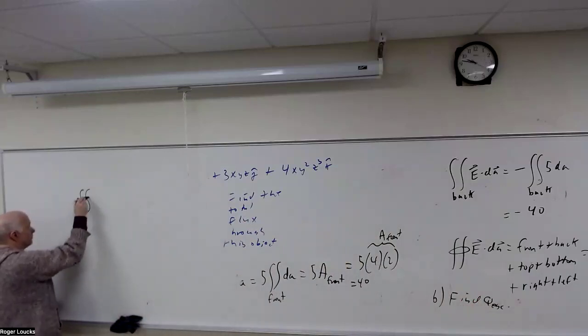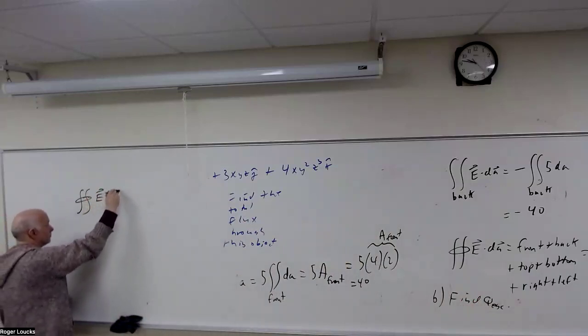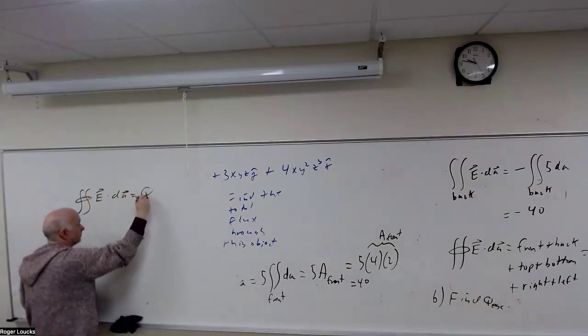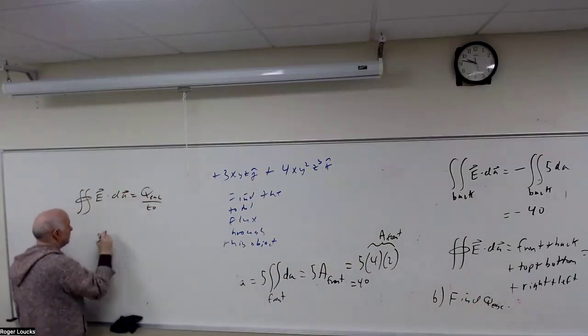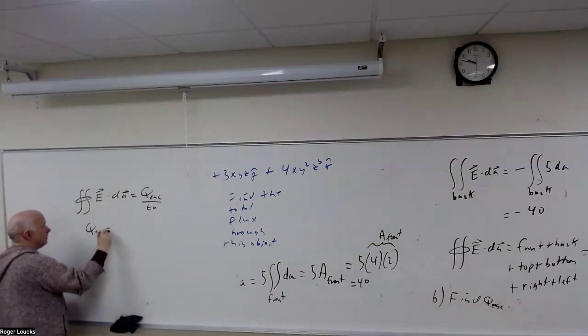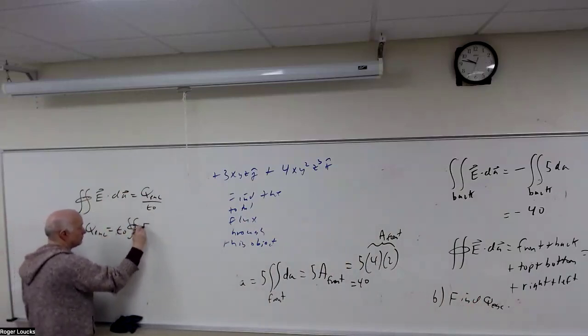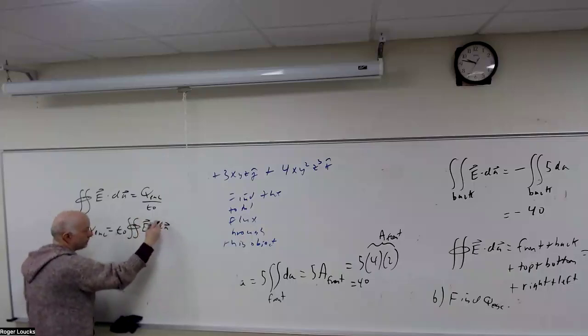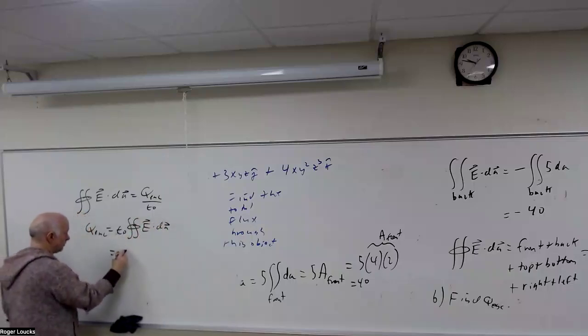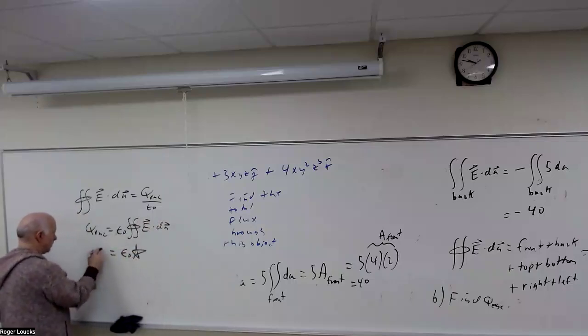Look at this. Okay, we know that this is Q enclosed over epsilon naught. For Q enclosed, it's just our epsilon naught times that's our flux. We found our flux at star, so this is just going to be epsilon naught times star.